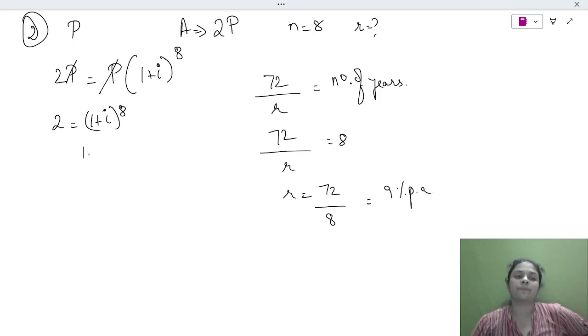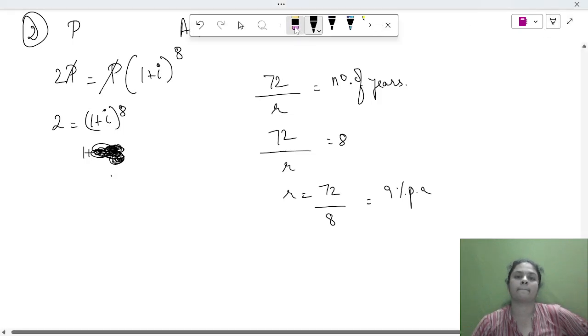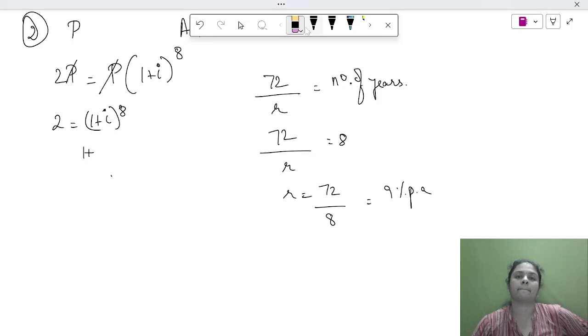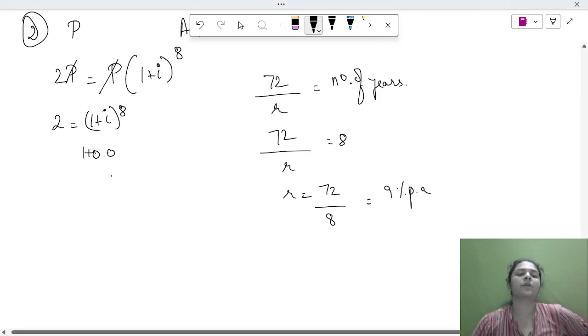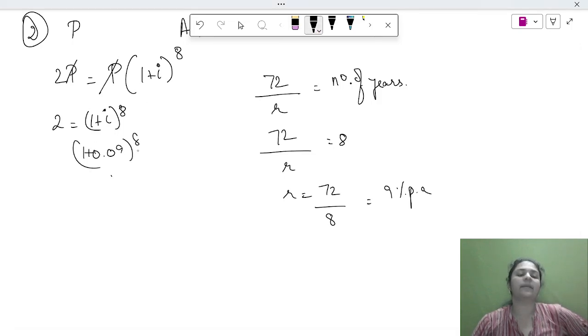Now you can cross check. 1 plus 0.09, the whole power 8. 1.09 power 8, if you do, you will get 1.99, which is almost 1.995 something you will get, which is almost equal to 2.